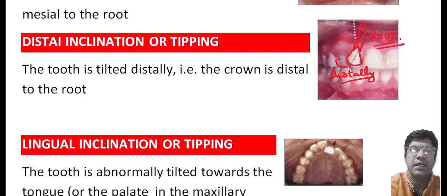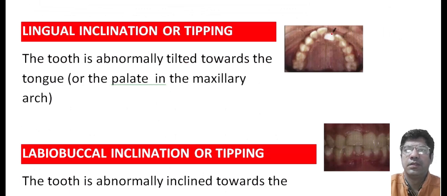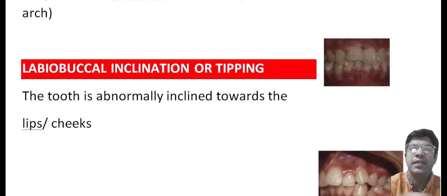That is the distal inclination. Lingual inclination: the tooth is abnormally tilted toward the tongue or palatally. And labiobuccal inclination is when the tooth is inclined toward the cheek.